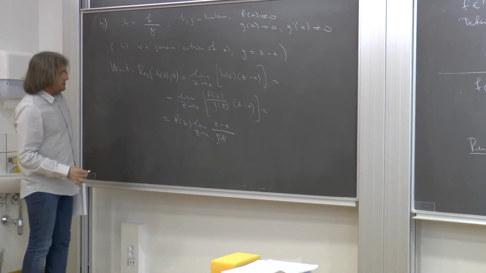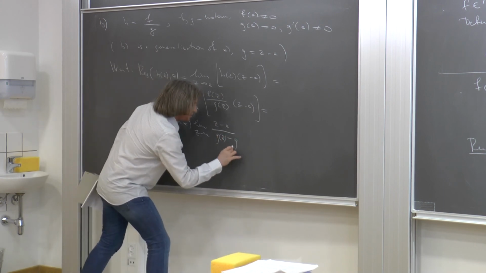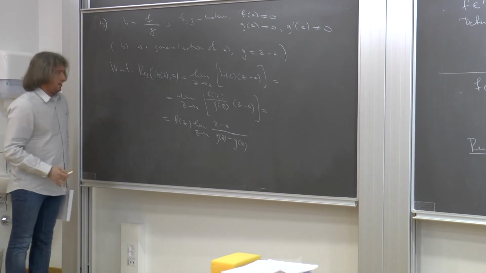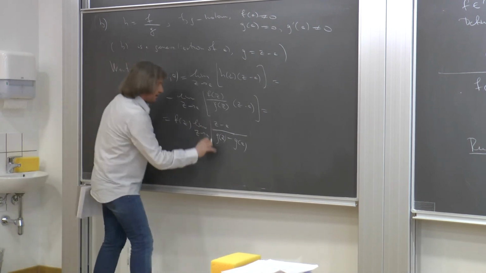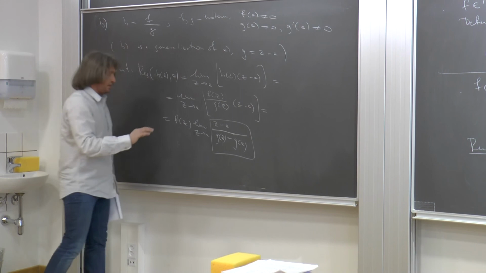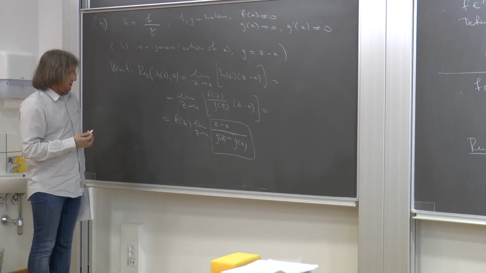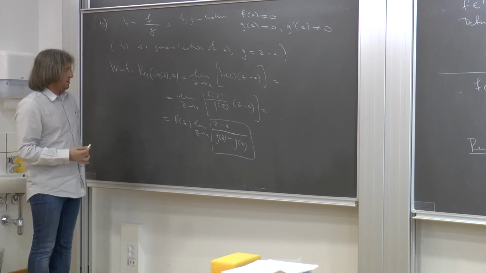Also, g of a is 0, so I can easily subtract g of a. Now, looking at this expression, we see that it's 1 over the expression for the derivative.